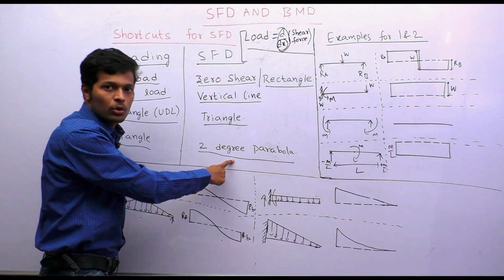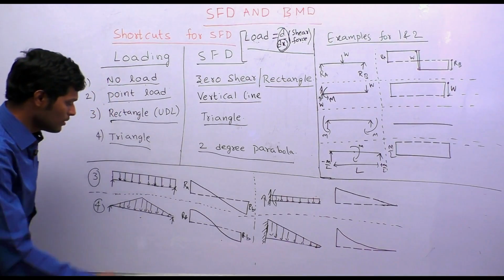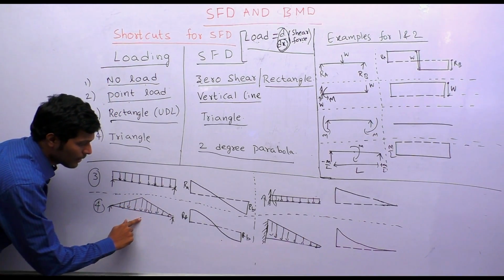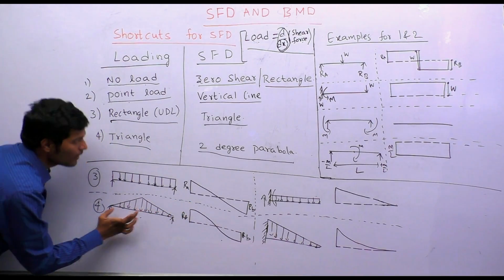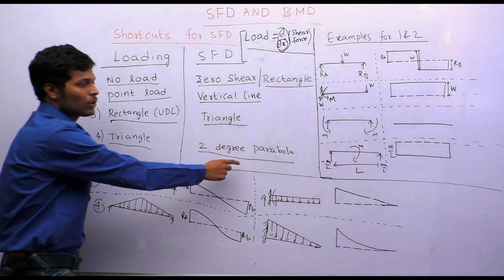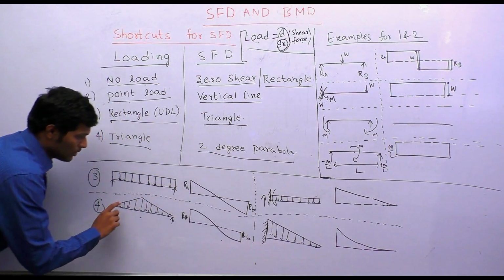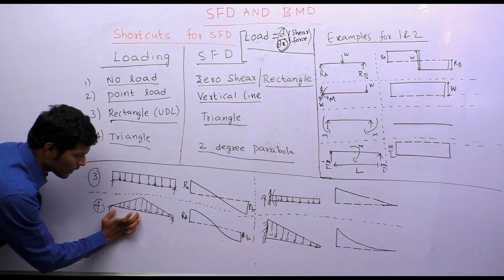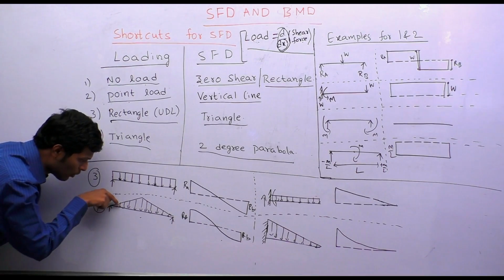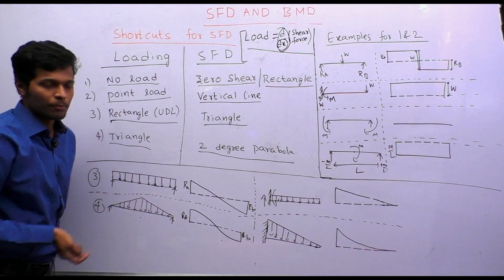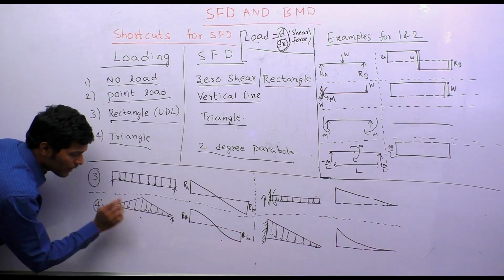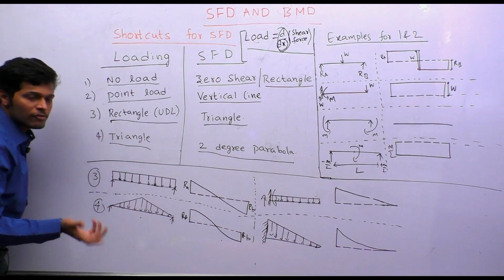Next, the fourth case, if you have a triangle in the loading diagram, in the shear force diagram you will have a 2-degree parabola. So if you have a triangle here, first upward we know. Next, if you have a triangle, then you will have a 2-degree parabola. So that is the reason. From here to here we can see the load value is downward, which means that it is a falling parabola. From here to here the load value is downward, so it is a falling parabola.